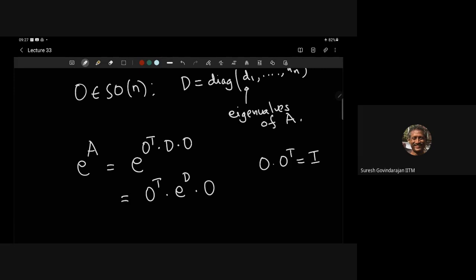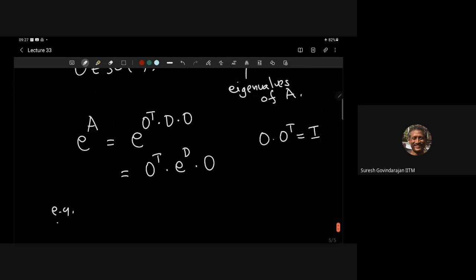That's all we need. Suppose you took, for example, a term like A squared, which will be O transpose D O times O transpose D O. What is O O transpose? Identity, right?